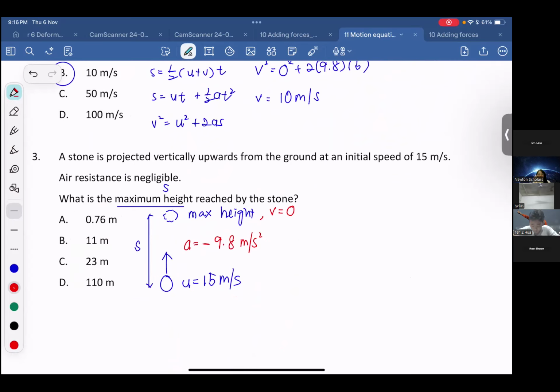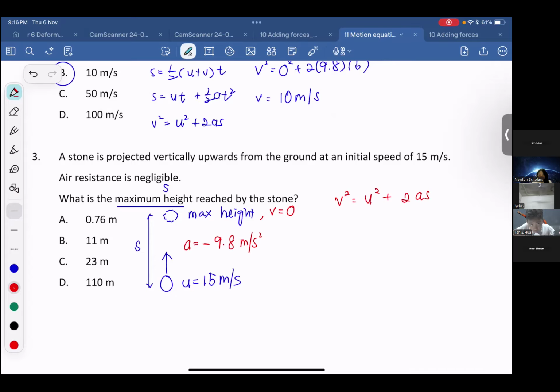Emily? Teresa correct. Emily correct. Okay, so boys and girls, we use v square equals u square plus 2as.